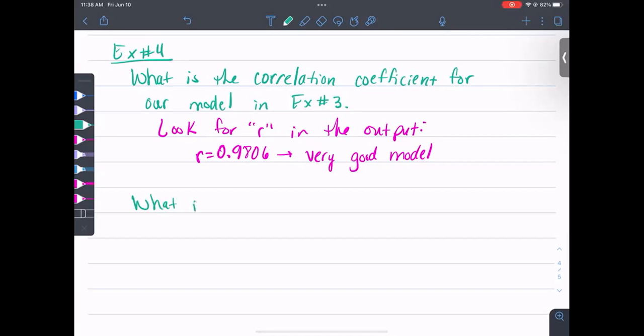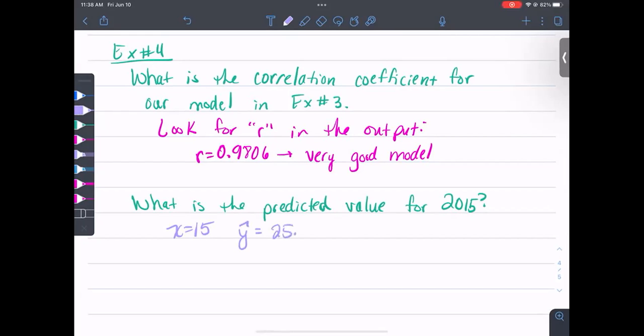So what is the predicted value for 2015? So that means we're using an X value of 15 in our Y hat.